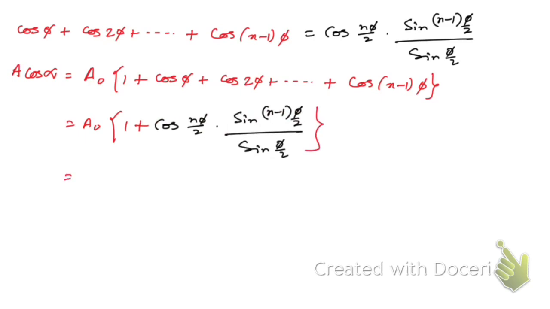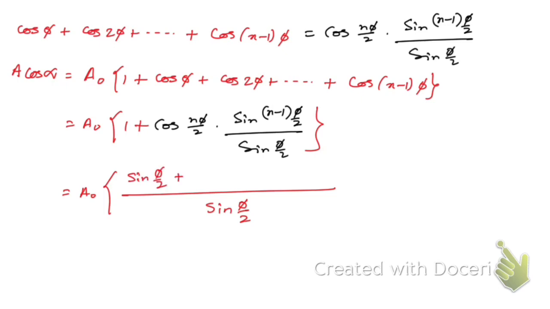Now if you simplify this part, then what you're gonna have, if you take sine 5 by 2 common, then within the bracket you're gonna have sine n 5 by 2, then plus cos n 5 by 2, and you can expand this also.